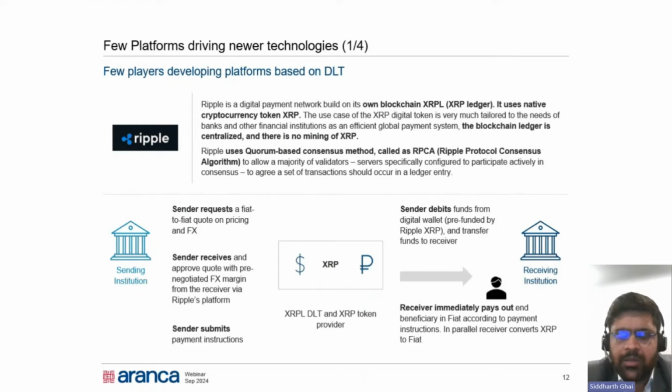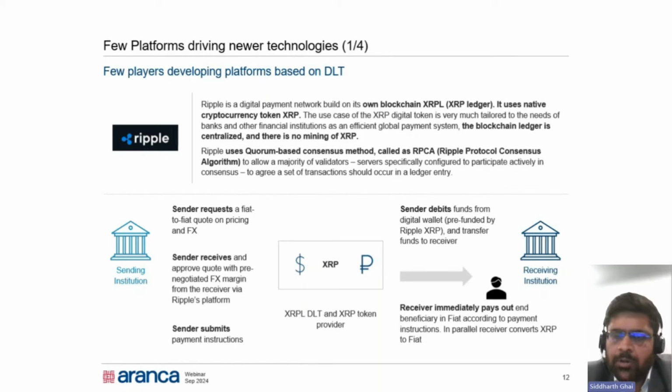So this is how Ripple is actually enabling cross-border transactions without any delay. So this is how the coin is utilized for doing the transaction utilizing the blockchain as an immutable centralized ledger.